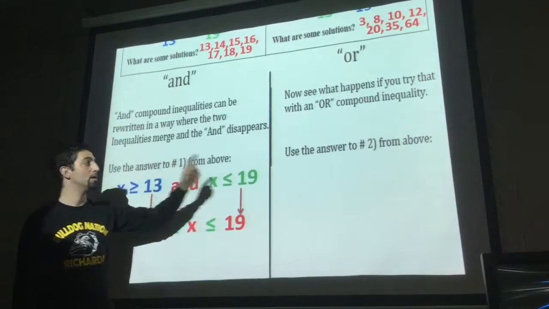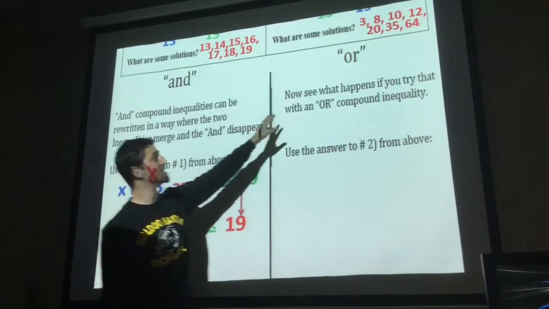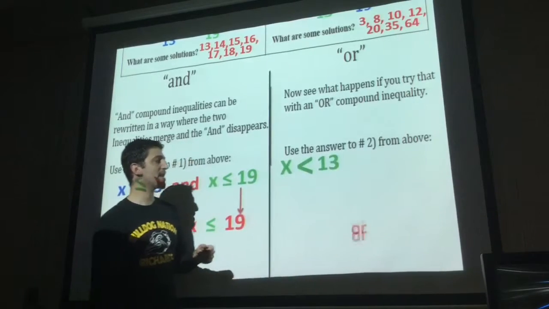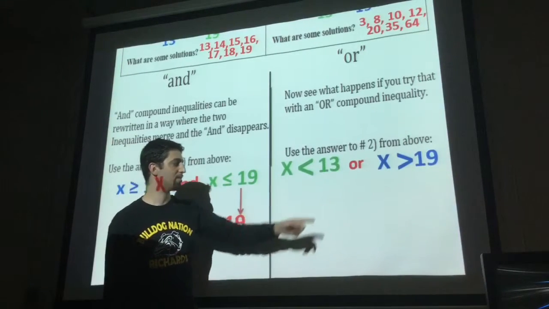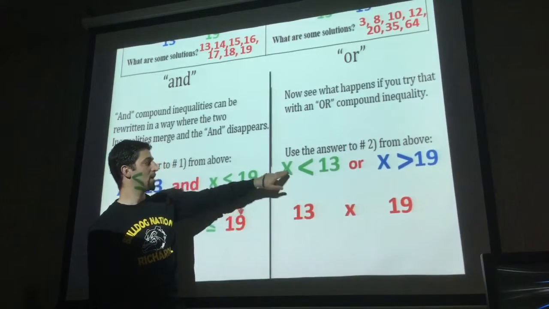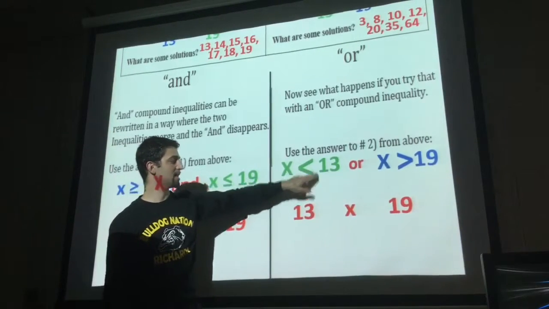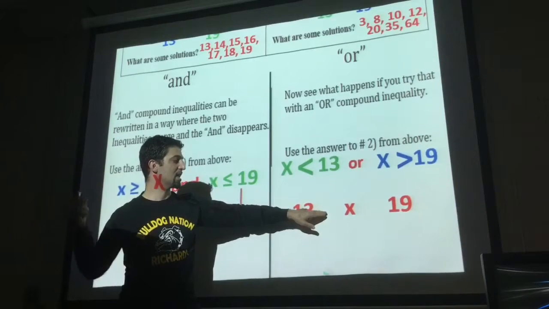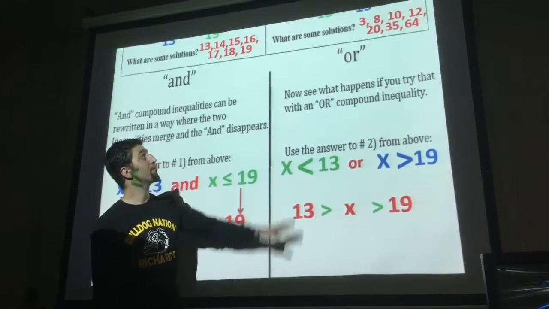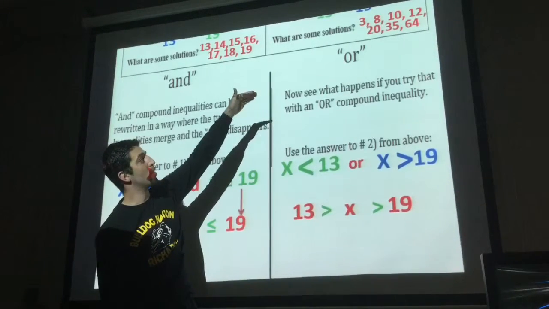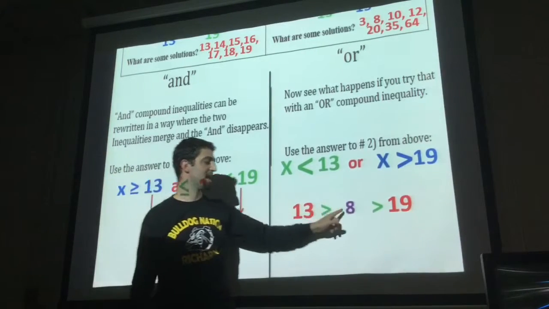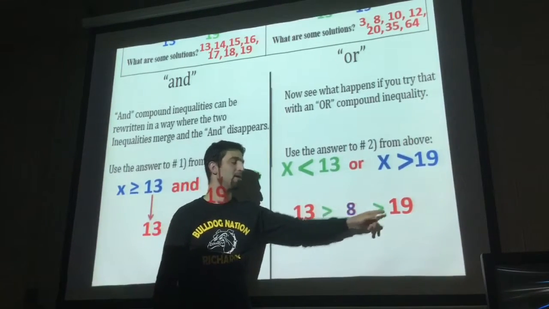Now for number 2, all right, see what happens when you try it with the or. So if we were to try this with the or, again, we put the 13 before the 19, and we put the x in the middle. The arrow is pointing at x between these guys, so it's got to point at x. The arrow is pointing at 19, so it's got to be pointing at the 19. Now, if we pick one from the top row, like say we put 8 in there, now 13 is bigger than 8, but 8 is not bigger than 19.